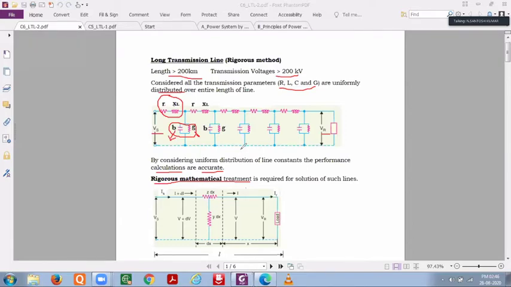These are the terms related to the transmission line. You can see in the diagram that all constants are distributed uniformly. This is one section, this is one more section, and all the sections combine to form a long transmission line.